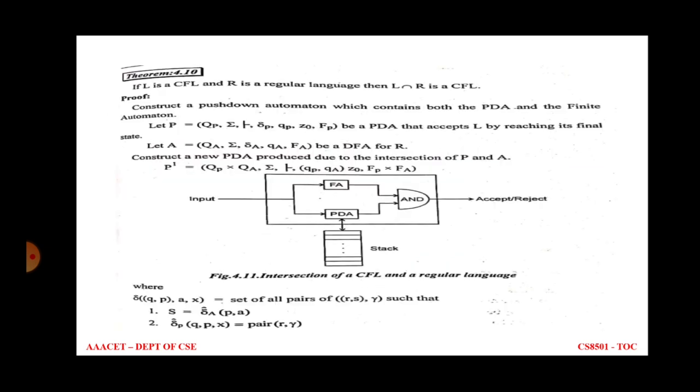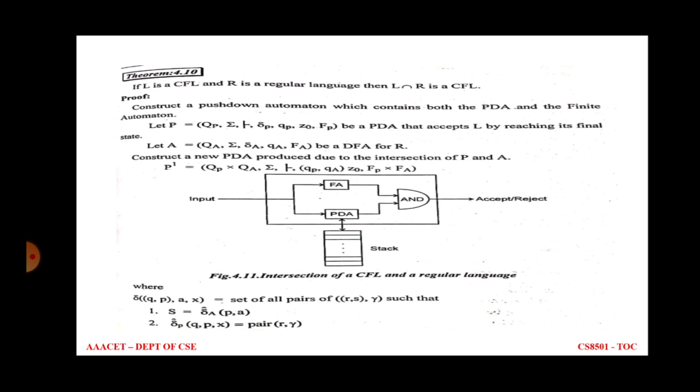If L is a CFL and R is a regular language, then L intersection R is also a context free language. Both are regular, then the intersection of both regular languages is always regular. So by using pushdown automata, we can clearly prove it. Assume capital P is a pushdown automata for one language, and another automata A for the regular language.